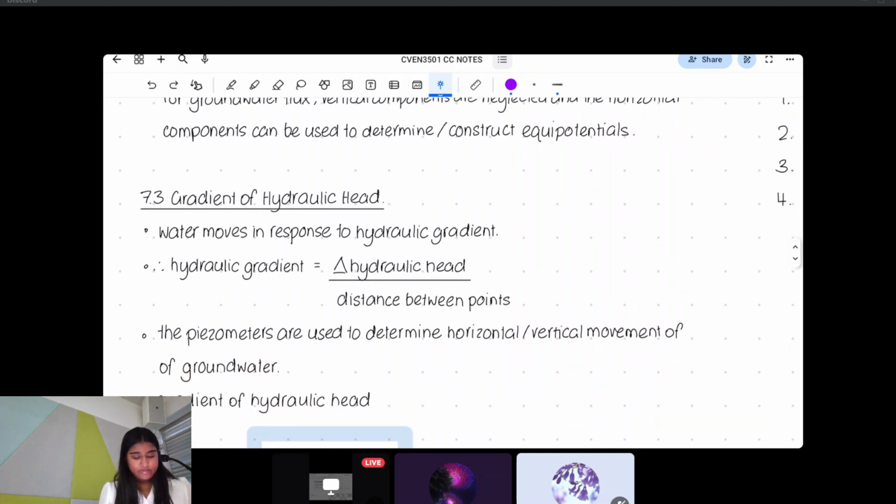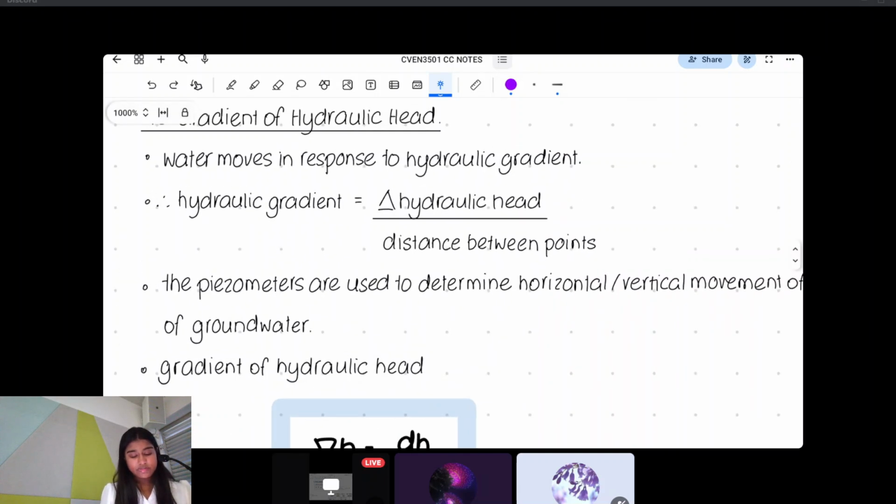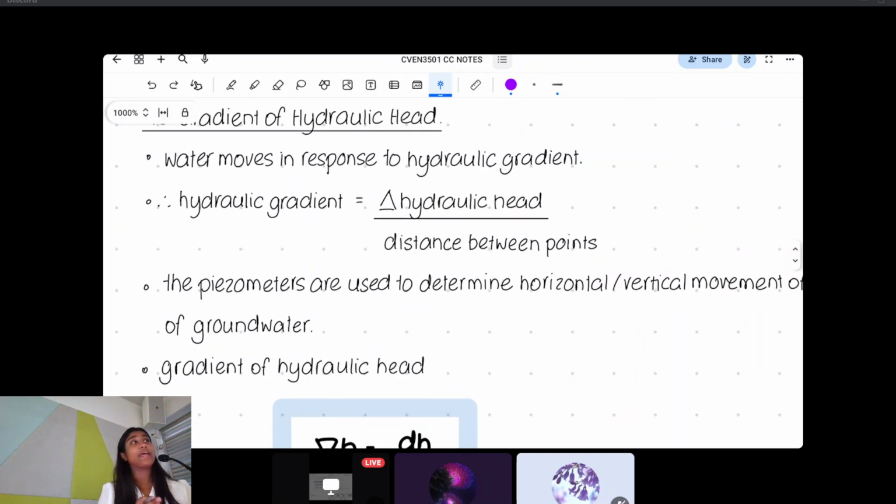Okay, so with the gradient of hydraulic head, like I mentioned earlier, water moves in response to changes in the hydraulic conditions, right? So the hydraulic gradient is equal to any change in hydraulic head divided by the distance between those points, right?